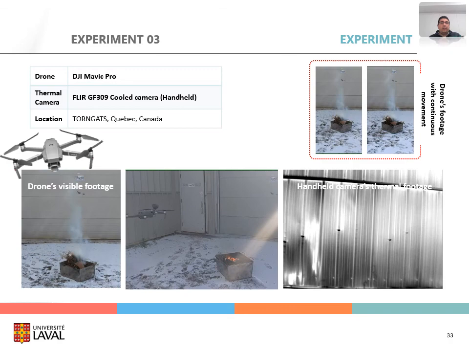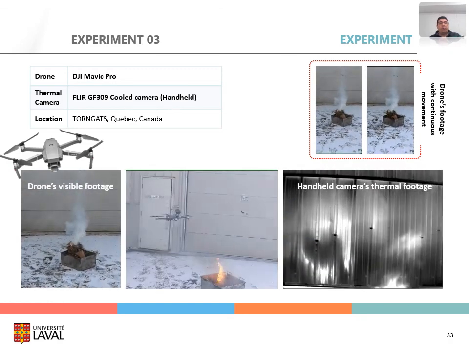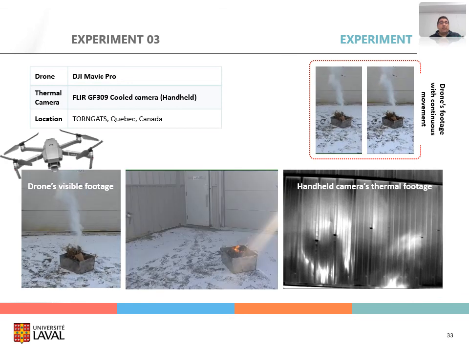The other experiment was conducted in Torngat Company using a drone and a cooled camera, FLIR GF309, which we used as a handheld camera in this experiment. So we used the drone footage to first test the video stabilization technique that we used, and second to investigate how the algorithm behaves using visible footage instead of thermal images.